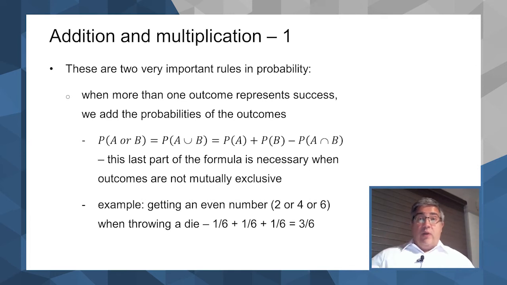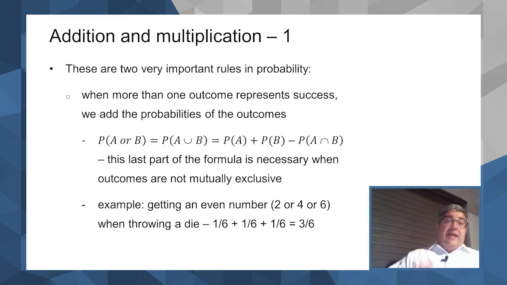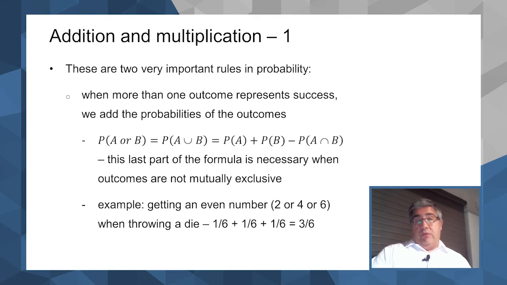So I need to take 1 away. So I'll do 5 plus 7 minus 2. So a total of 10 companies either sell more than 100 products or make a profit above 1 million, or do both. There's only 10, and therefore the probability in that case was not 60%, but only 50%, 10 out of 20.